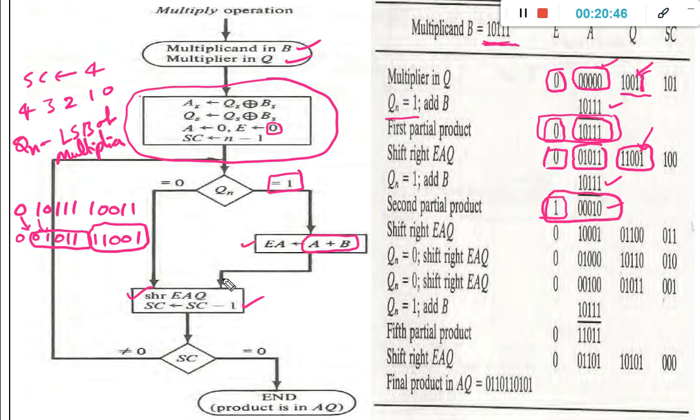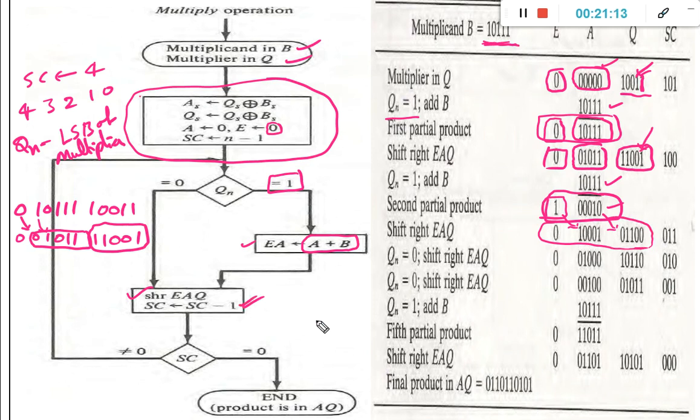After getting the second partial product, shift EAQ. So this one will come here, 1 0 0 1, this 0 will come here, 0 1 1 0 0. So this is the value after shifting EAQ.